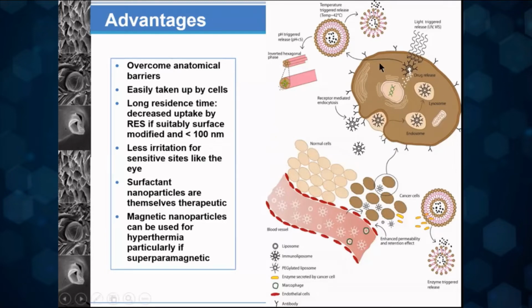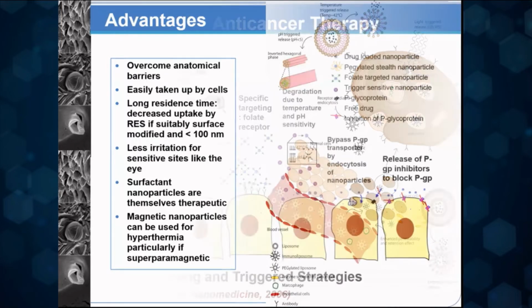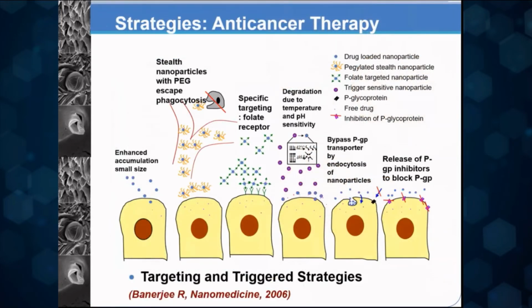Now, the other thing that's shown here is that after reaching the vicinity of the tumor, various strategies which are known as triggers can be utilized to actually change the phase or degrade the carriers for drug release. We'll look at that a little bit more. So as I was mentioning, there are combinations of both targeting and triggering strategies.